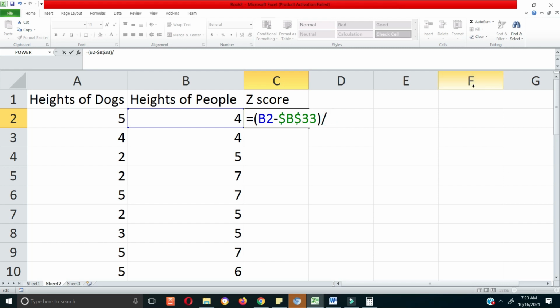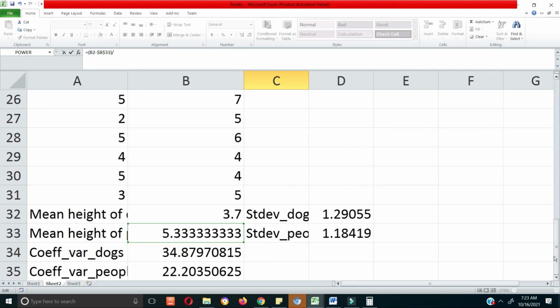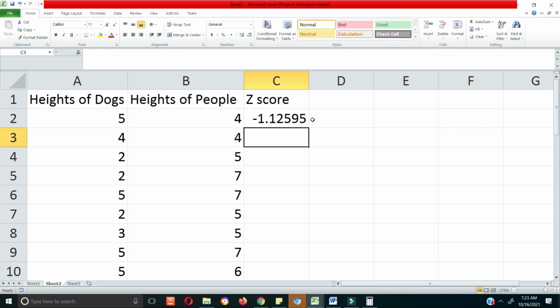So this is going to be divided by the sample standard deviation, which is D33, so I should get something like this.